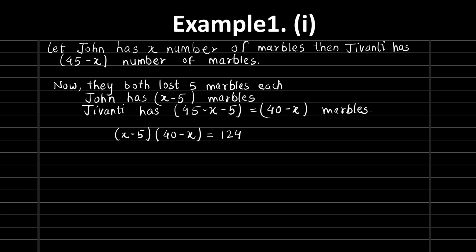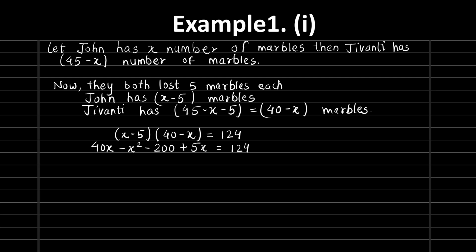So now let's simplify this further. We will get X into 40, 40X, X into minus X, that is minus X square, minus 5 into 40, which is minus 200, and minus 5 into minus X, it is plus 5X, equal to 124.